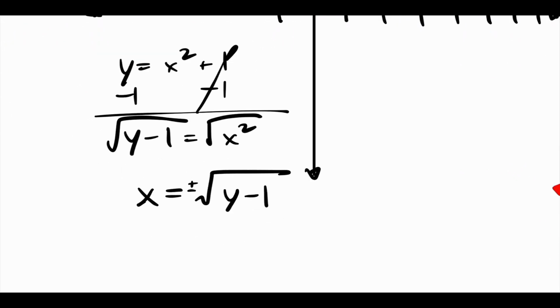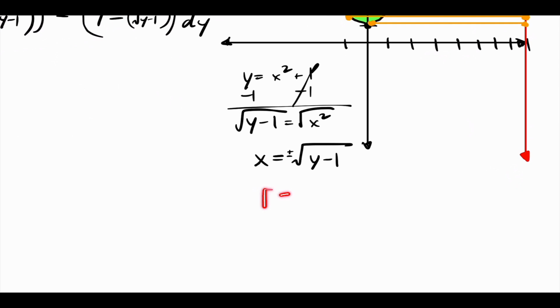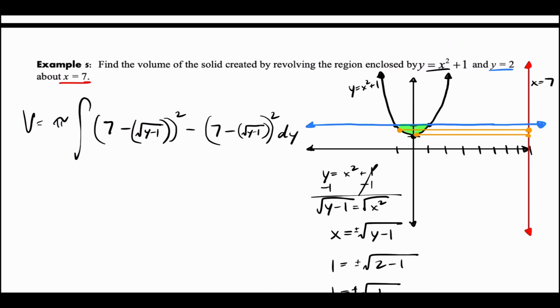So if I were to plug in 1 for x and 2 for y, I don't need the negative. That's the positive. The positive would be the one to make the right answer. So this side here is the positive side. This side here is the negative side.